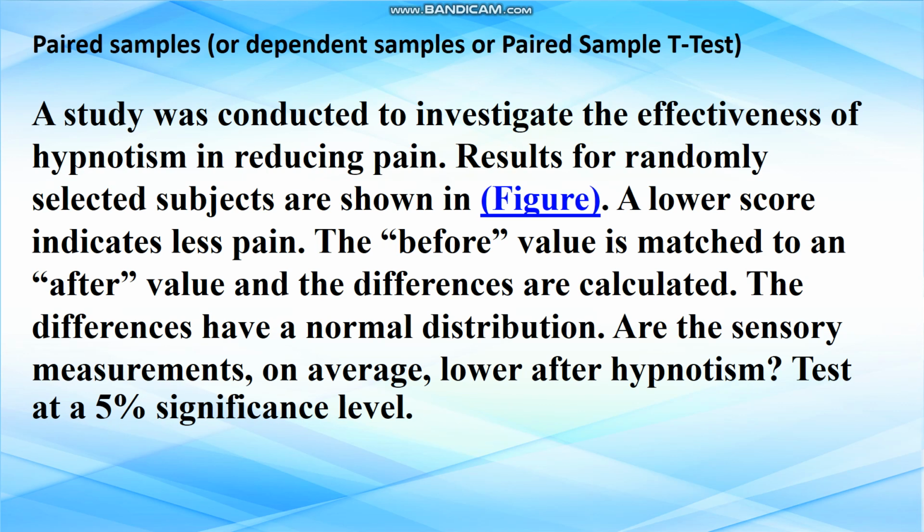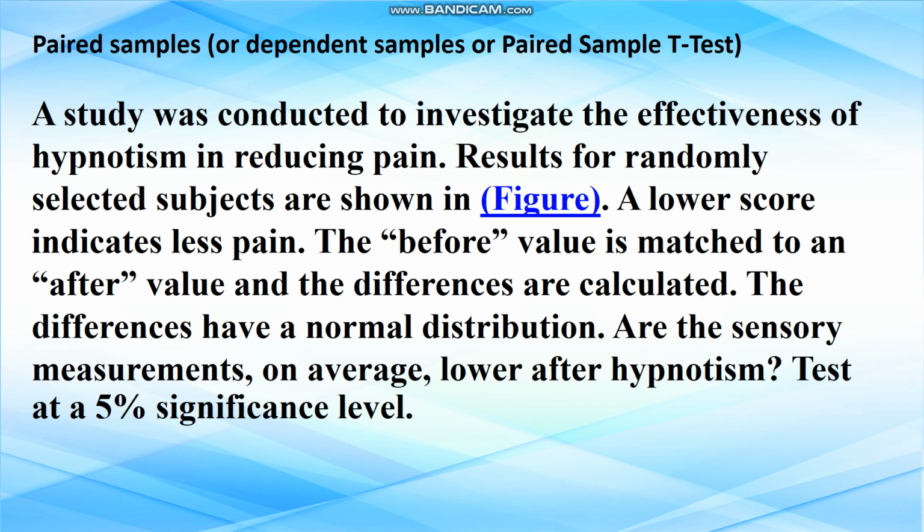The before value is matched to an after value, and the differences are calculated. The differences have a normal distribution. I think you're quite familiar with normal distribution. Are the sensory measurements on average lower after hypnotism at a 5% significance level?